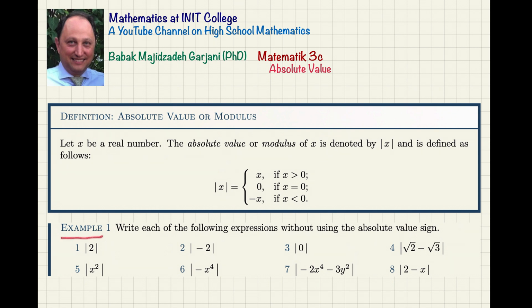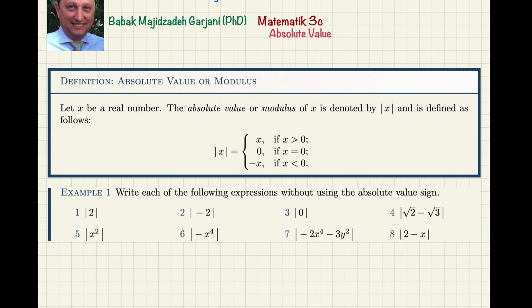Example number 1. Write each of the following expressions without using the absolute value sign. Here you see number 1, I have the absolute value of 2. Can I get rid of the absolute value sign? Yes, because I need to look inside the absolute value sign and check if it is certainly positive, 0, or negative.